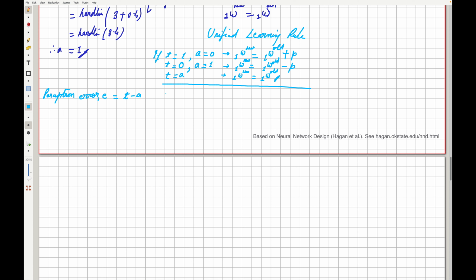So we can write these rules in terms of E as follows.